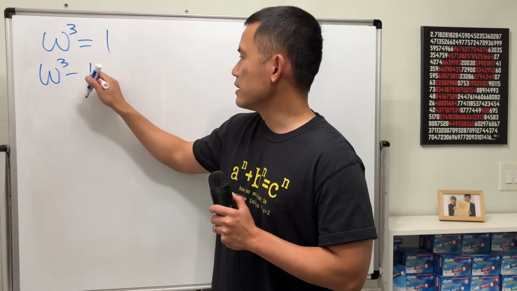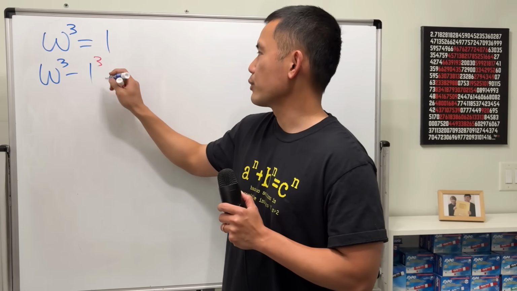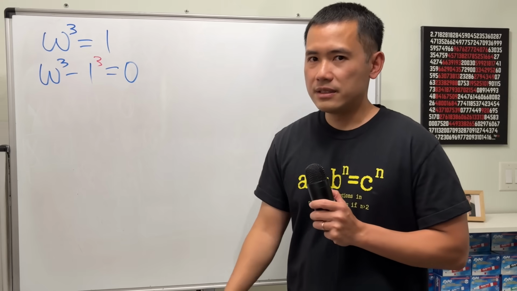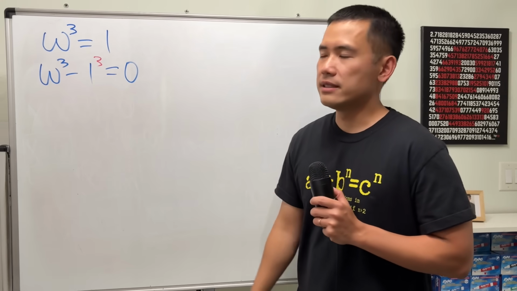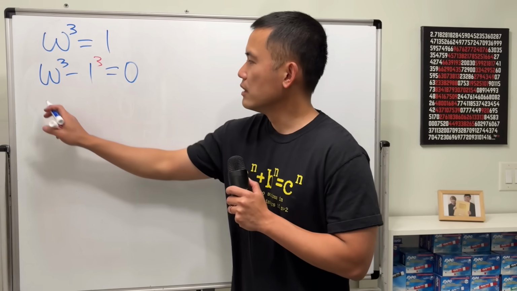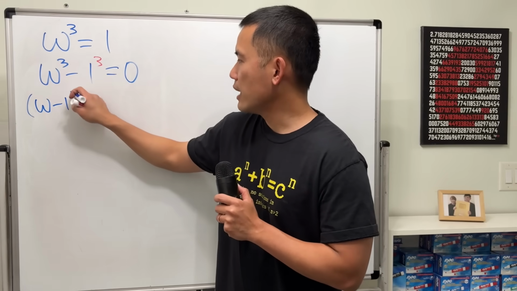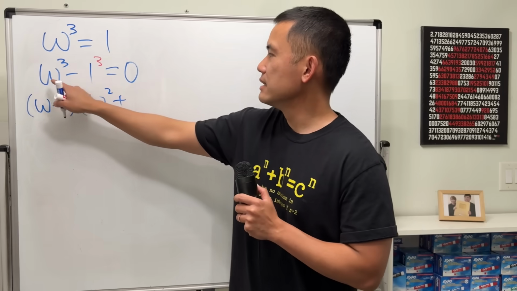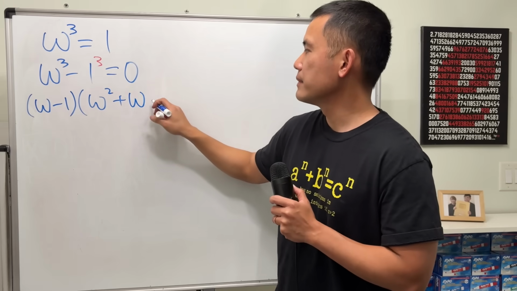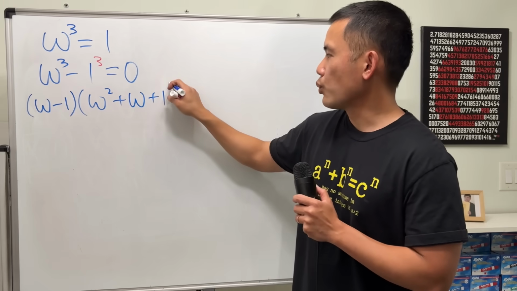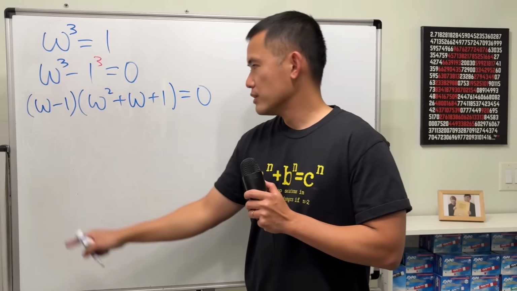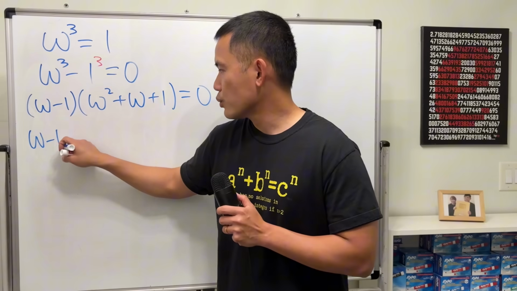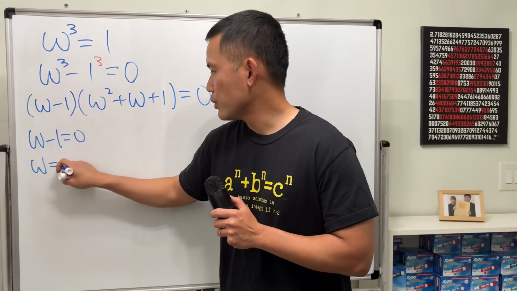And notice 1 is the same as 1 cubed, so I can put that down right here. Because this way, we can actually factor this as a difference of two cubes. And we get omega minus 1 times omega squared plus this times that, which is just omega, plus 1 squared, which is 1. So right here, omega minus 1 equals 0. Omega is just equal to 1.